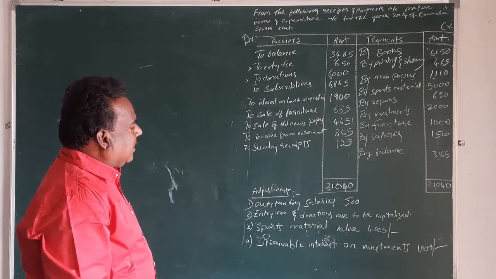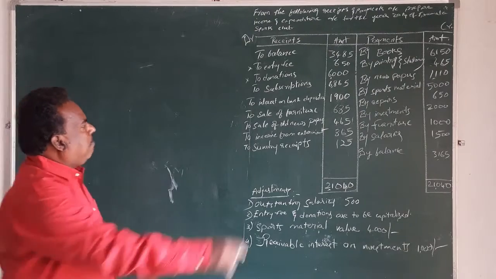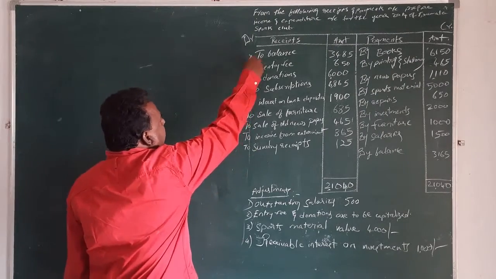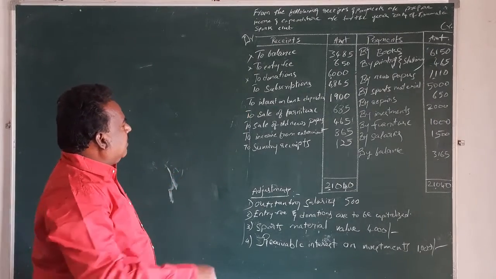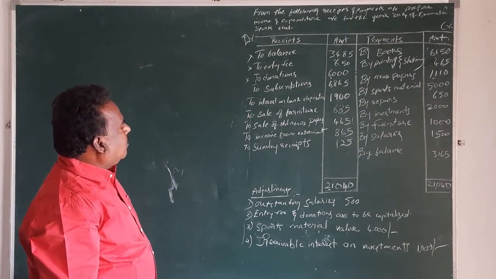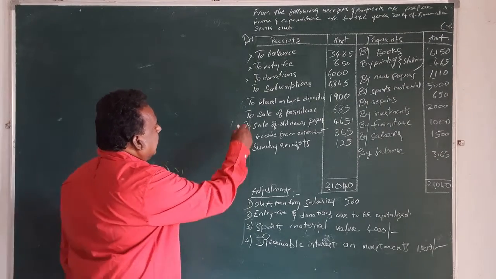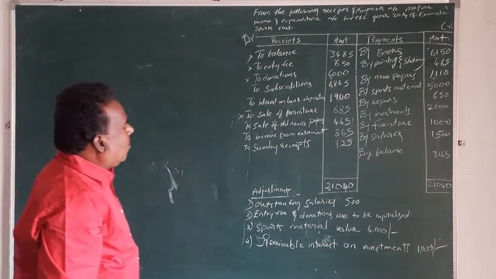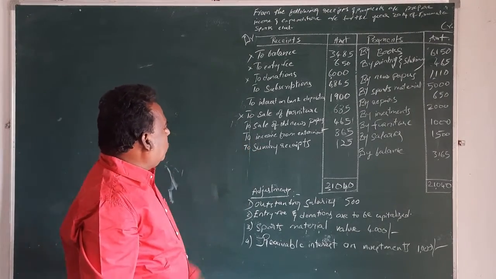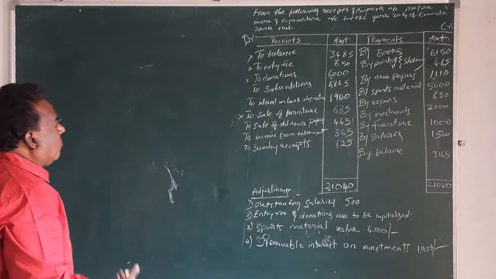First of all, we must recognize what are the capital expenditure, capital income and balance. These are not taken into consideration. Entry fee, donations: the instruction is there to be capitalized. Next, interest on bank deposit. Sale of furniture is also not revenue income, it is a capital income. Sale of old newspaper, income from investment, sundries, these are the income of the non-profit organization.